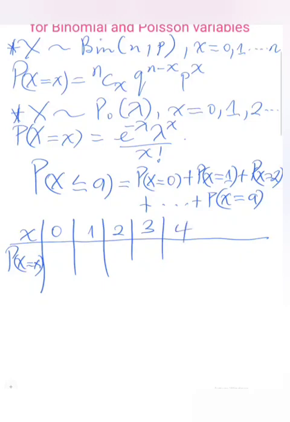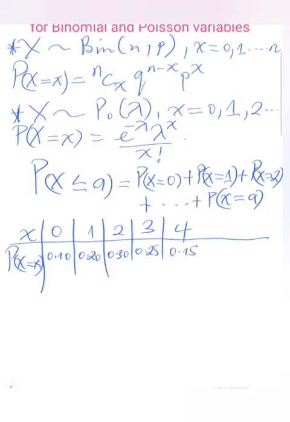The various probability values are 0.10, 0.20, 0.30, 0.25, and 0.15.